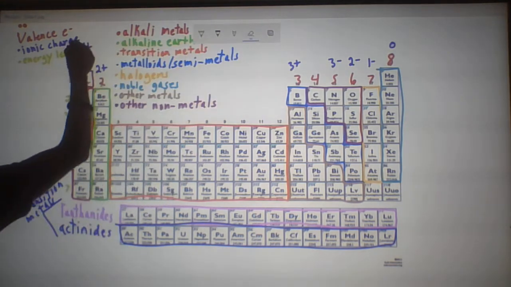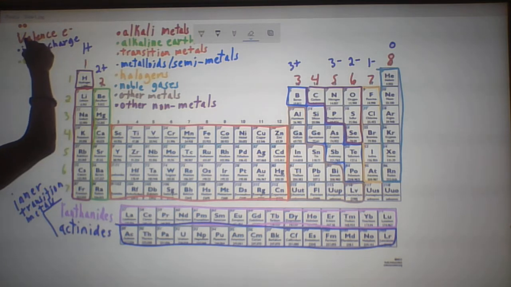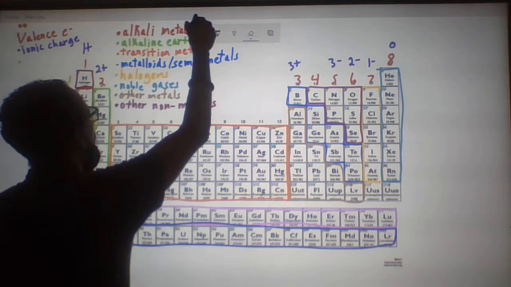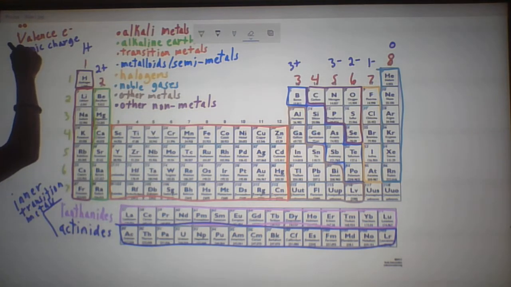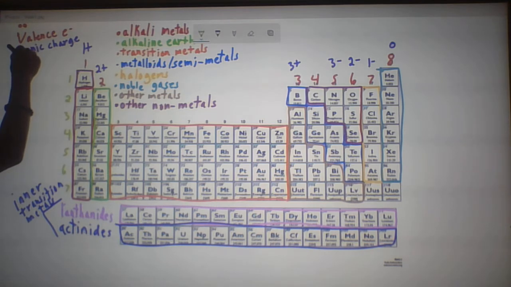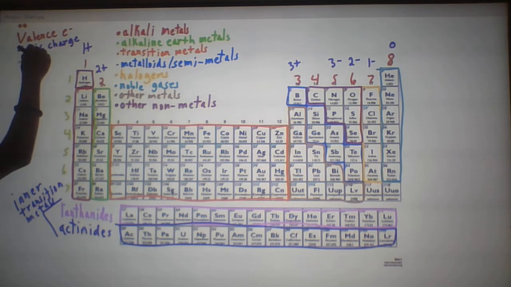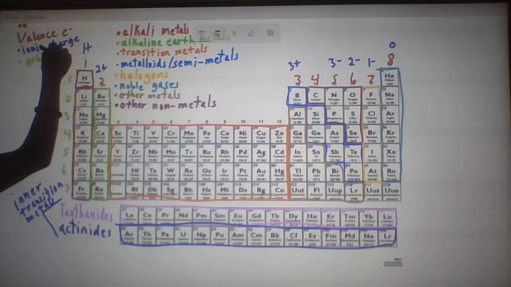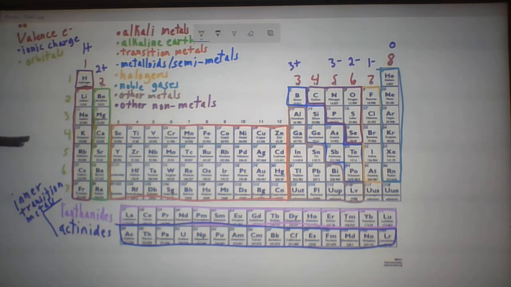Subshells. All right, so this will tell me the energy levels or the number of orbitals each one has.